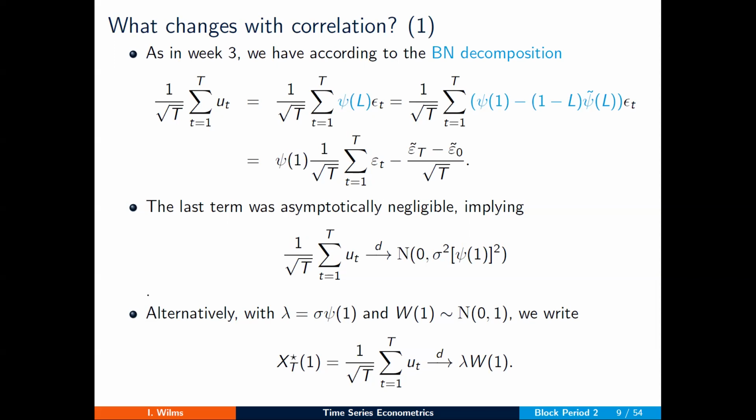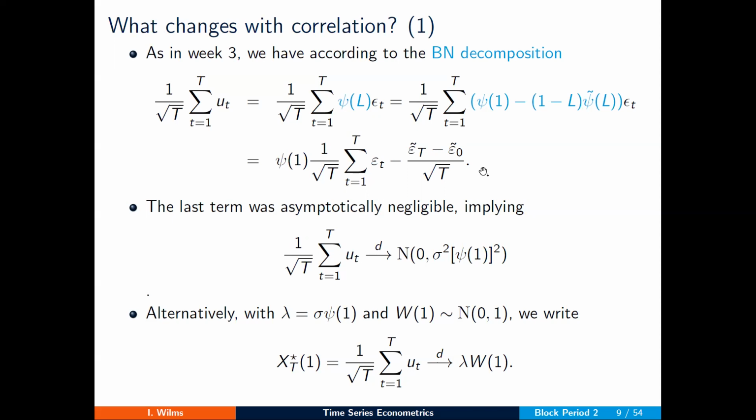Why do we rely again on Beveridge-Nelson? Well, we do that because we manage then to break up our sum in two parts. One, where we have the sum of our IID errors popping up. And the latter part is nothing more than a scaled difference between our last and first new error.